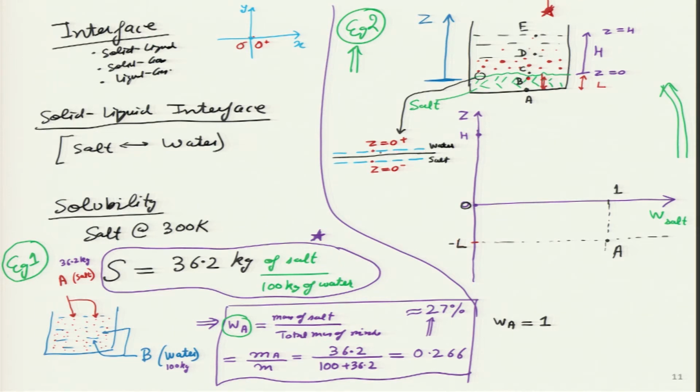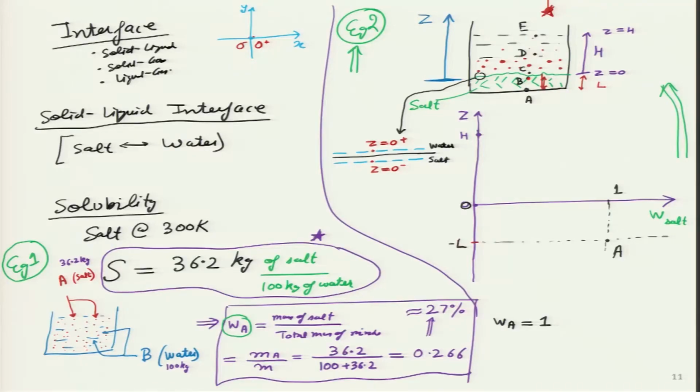So, these two blue lines represent that, and that is what I am representing by these dots B and C. So, if I ask the students what they think is the mole fraction at point B, again we will imagine ourselves sitting at that point, where just salt has ended and water will start. There also we will predominantly have salt, maybe a little bit of water may have come just at the interface, because water can also diffuse inside the salt.